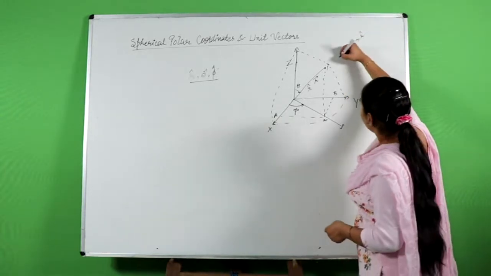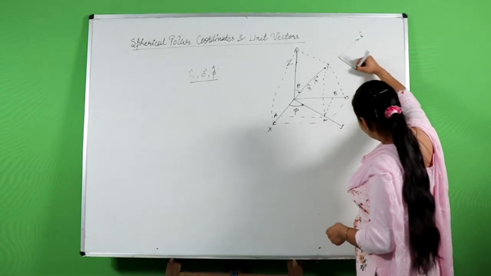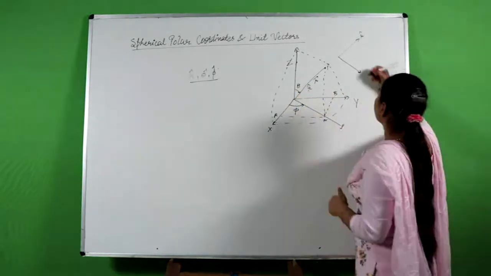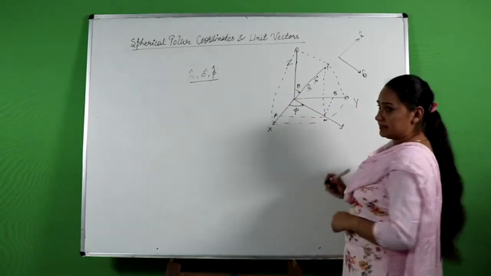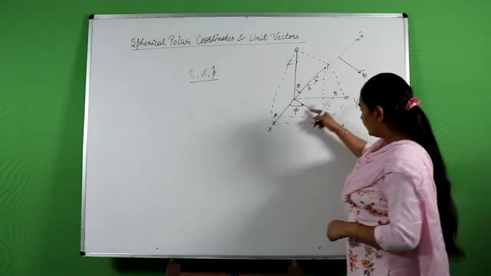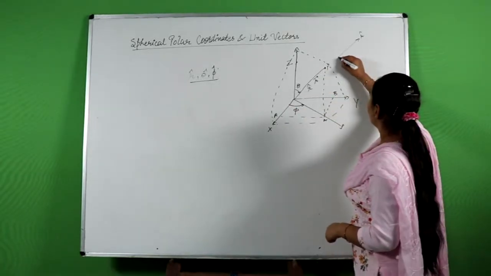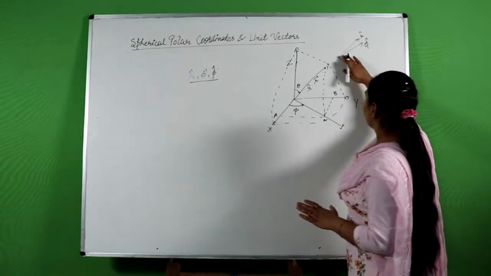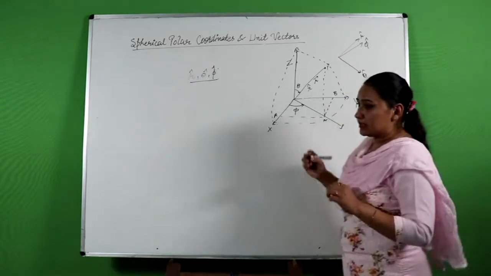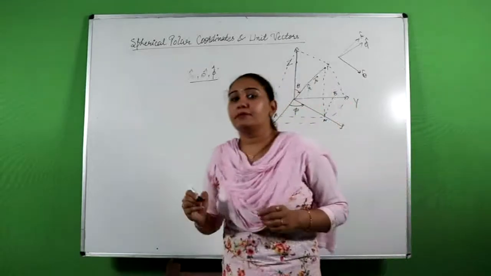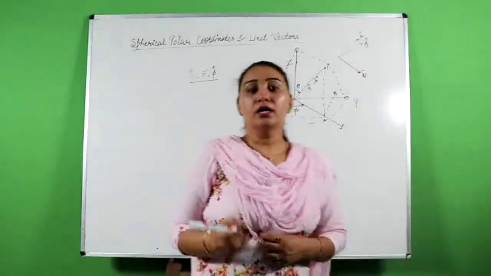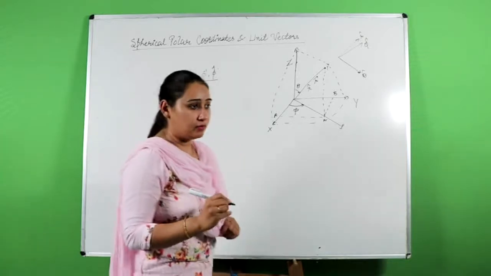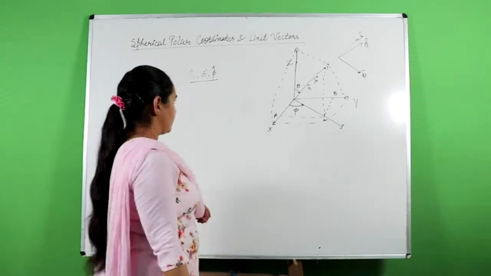Theta cap increases in this direction, since theta is going clockwise, so theta cap will be like this, and phi is going anti-clockwise, so phi cap will go like this. If we see, r cap, theta cap and phi cap are perpendicular to each other. This is the prime property of spherical polar coordinate unit vectors.